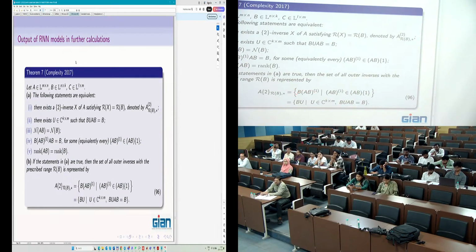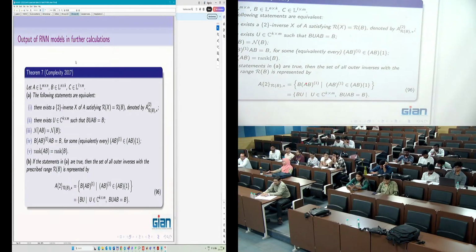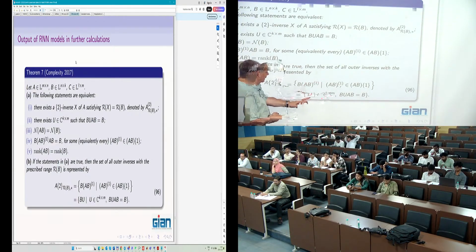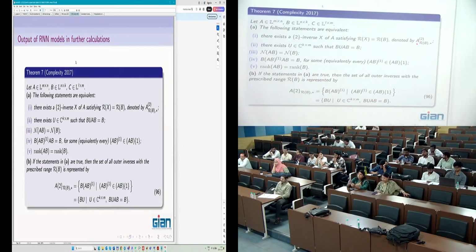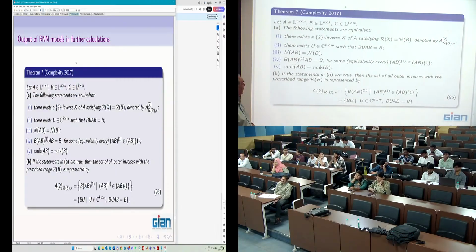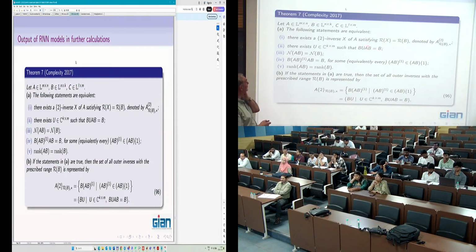Here is one interesting representation of an even better and more practical result. In particular, the outer inverse of AB is obtained as a solution of the matrix equation with range, BUAB equals B. Visible here also.